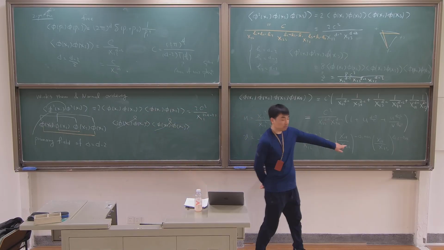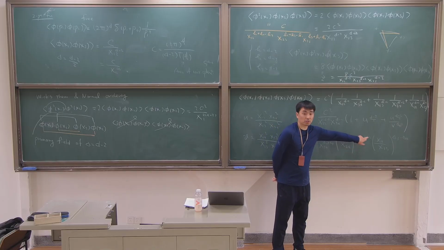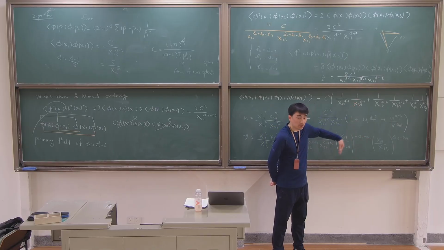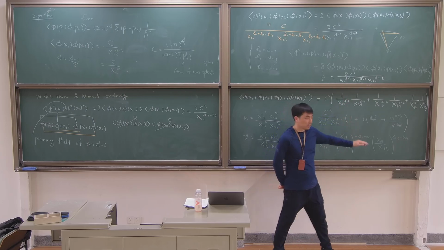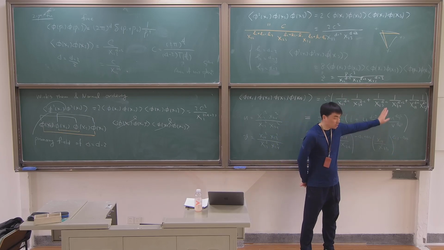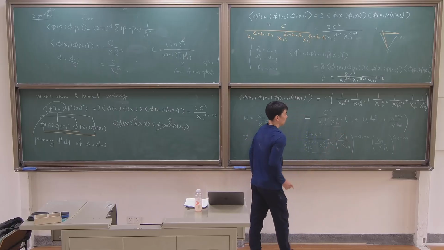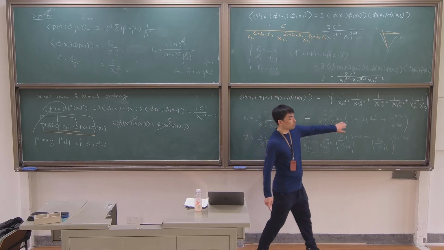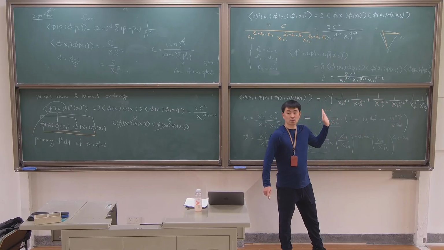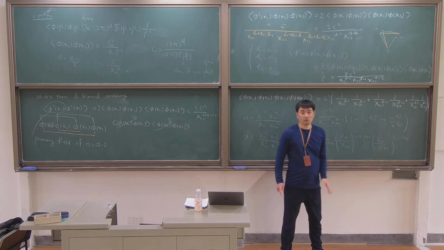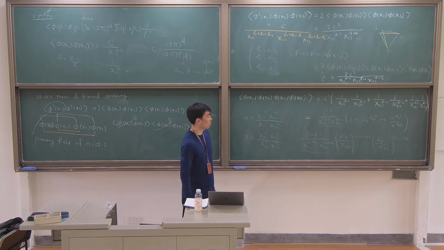Since we know the Delta 1 and Delta 2 configurations are the same, this becomes 1, and this configuration is the same, so this becomes 1. This one is equal to this one, and then G(u,v) is given by this. So this is as predicted from conformal symmetry.